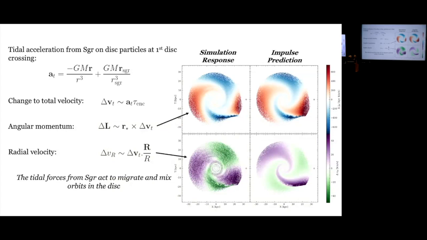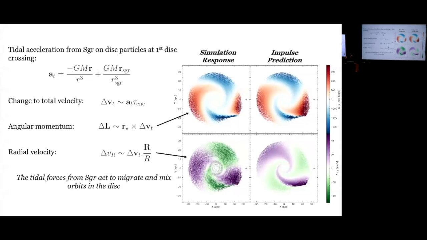So to compute the impulse estimate, we first select particles that are in circular orbits prior to the encounter, and then Sagittarius is treated as a point mass for a time, and it applies a tidal force, which produces a tidal acceleration and an overall change in the velocity. So we can plot the r component of that change in the total velocity, which gives us an estimate for the change in radial velocity, plotted down at the bottom, versus the simulation response over the course of the simulation.